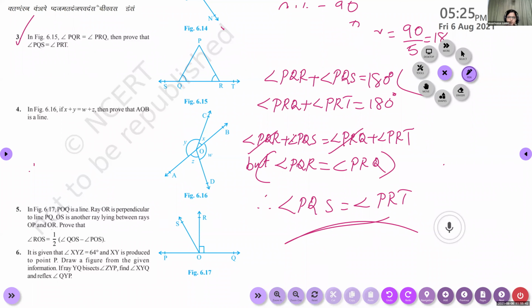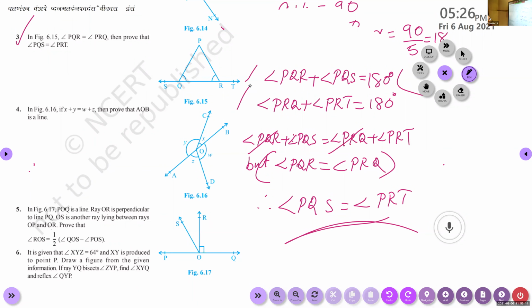Can you explain one more time? Sure. These two angles, PQR and PQS, form a linear pair. Clear? That is equation 1. Similarly, equation 2, PRQ and PRT form another linear pair. Clear? Yes, ma'am. 1 and 2 represent the same 180, so we are equating the left sides of both.